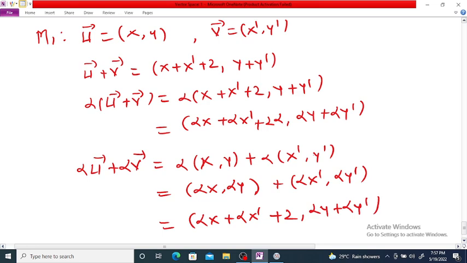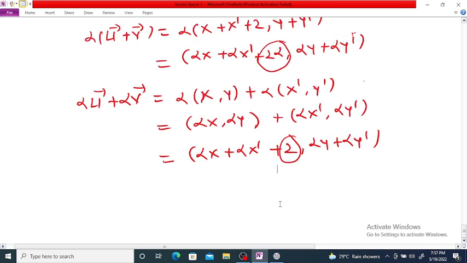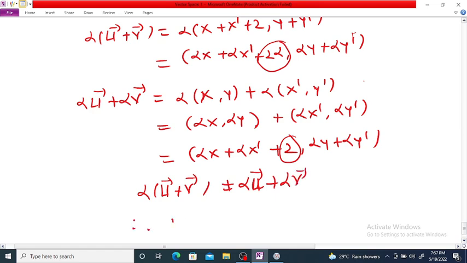Here we obtained 2 alpha earlier, but here we get only 2. So alpha times u bar plus v bar is not equal to alpha u bar plus alpha v bar, and therefore it is not a vector space.